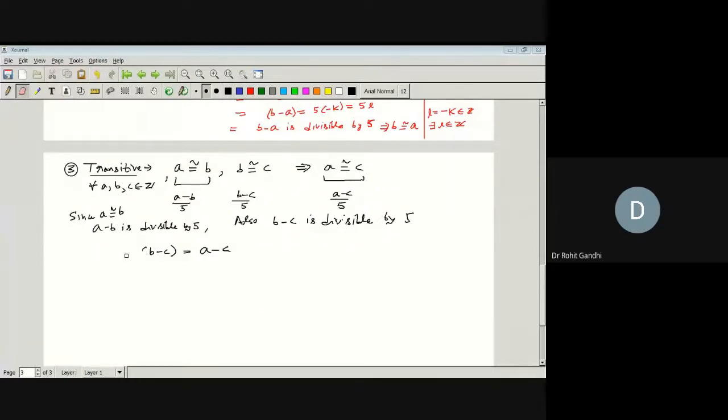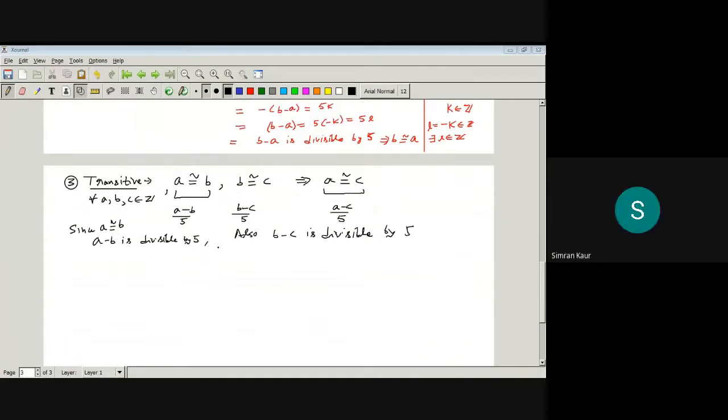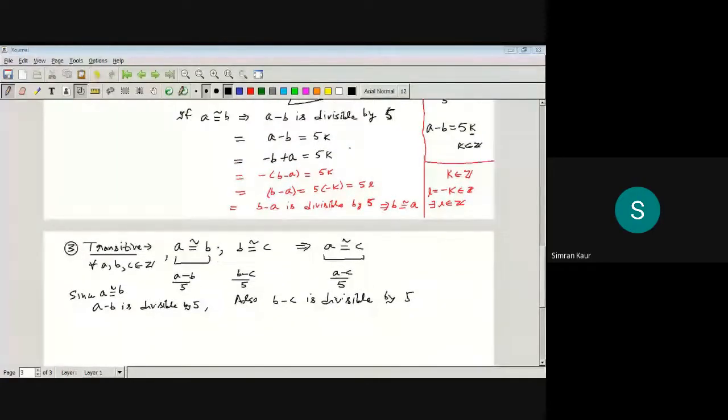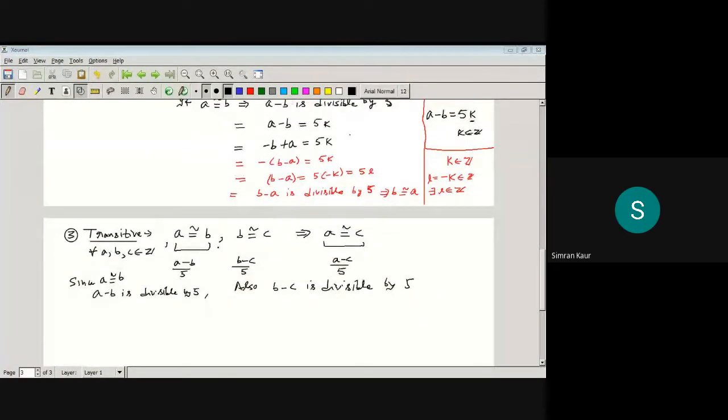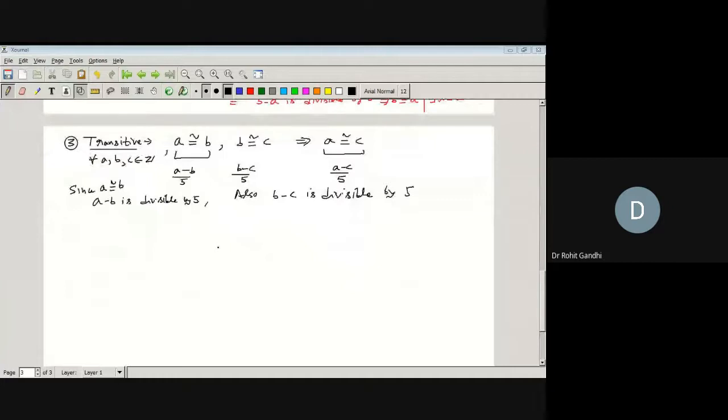Simran, think about what we have proved in the previous part, that is symmetric. How did we proceed there? If A minus B is divisible by 5, that means there exists some integer K1 belonging to Z such that A minus B equals 5K1.